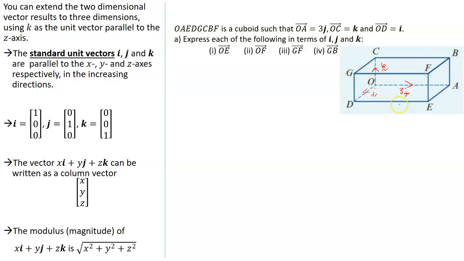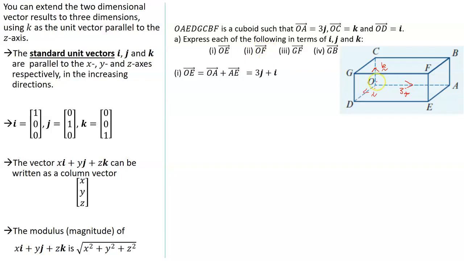So let's start by looking at our first part, OE. So I can say that OE is equal to OA plus AE. OA I already have is 3j. AE, that's equal to OD. So that's just 3j plus i.